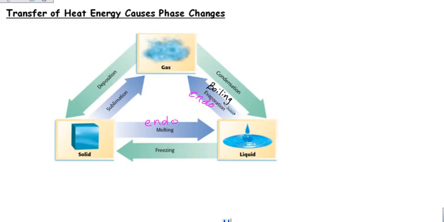So if I have a puddle of water outside after it just rained, the energy source is the sun, and the sun would be affecting the particles on the surface of the puddle. So if your energy source is on top of the liquid, the surface particles get the energy first and turn from a liquid to a gas. That's evaporation. It occurs on the surface of the liquid.